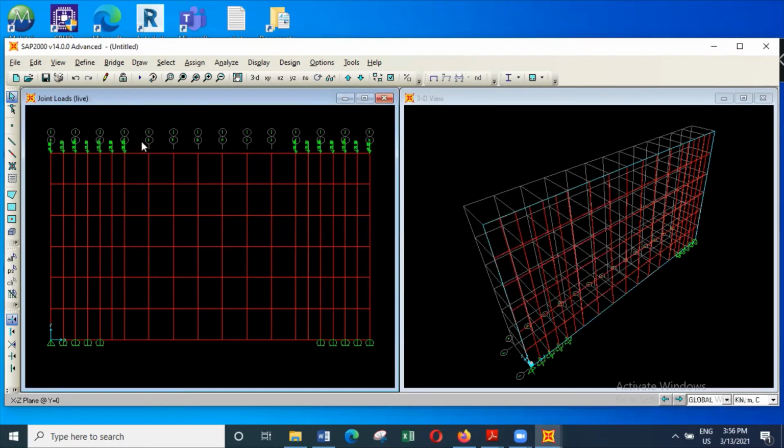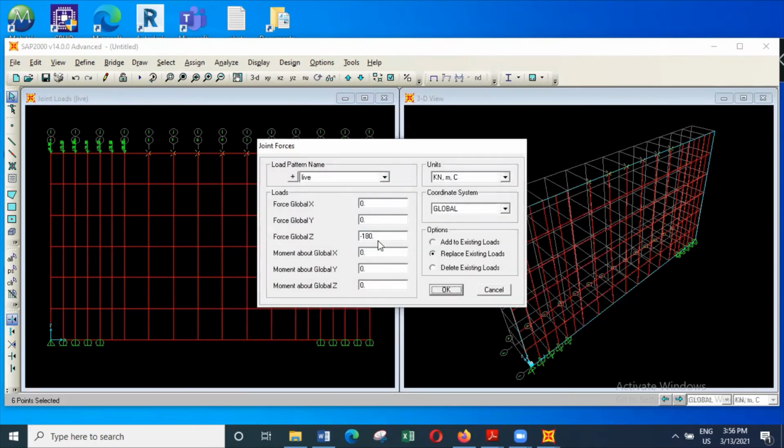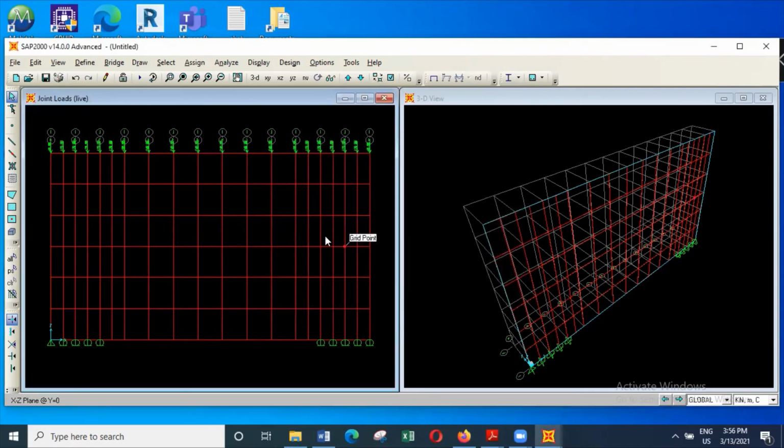And then in these places I'll get 240. So those are the loads.